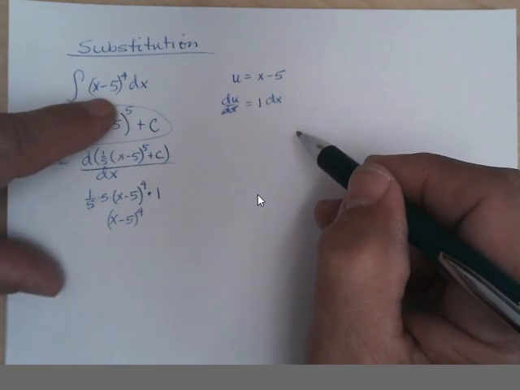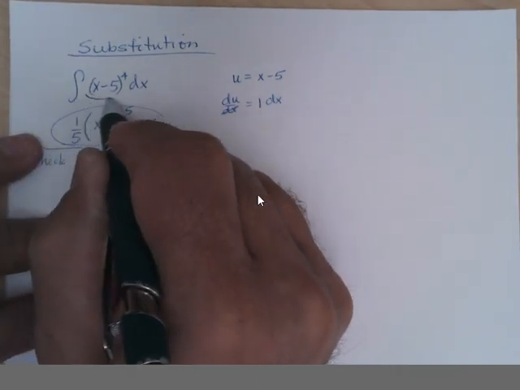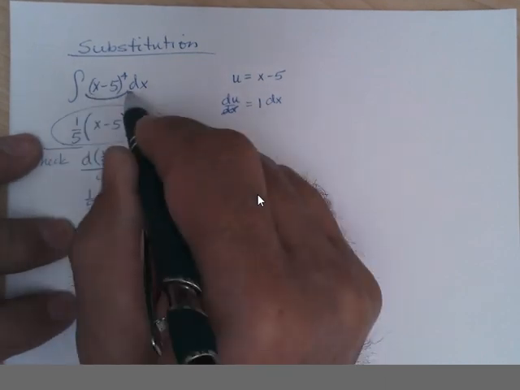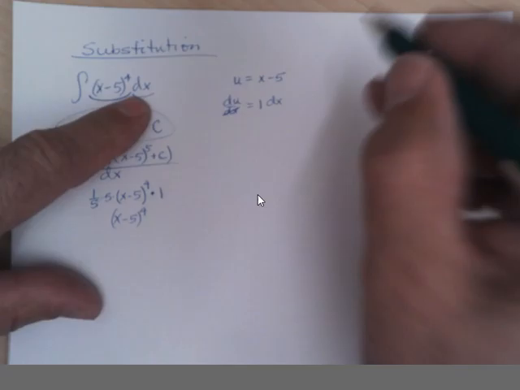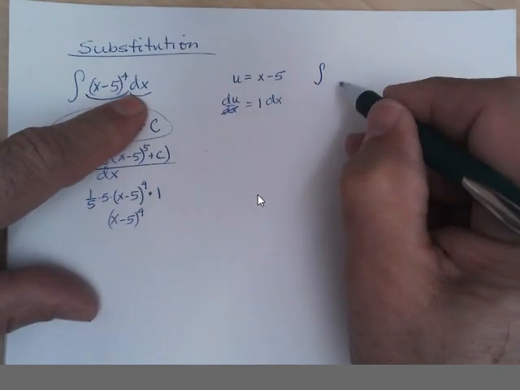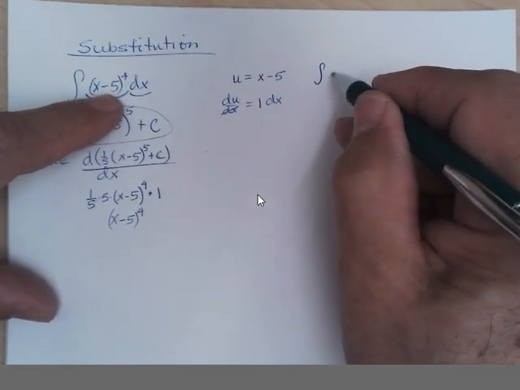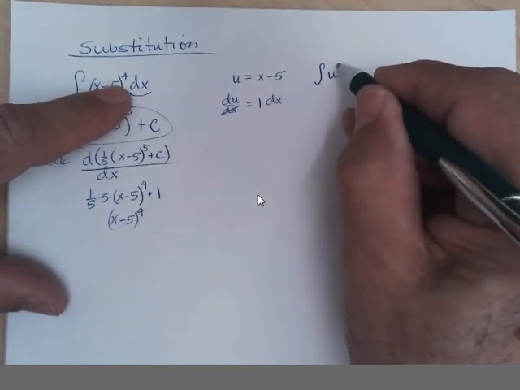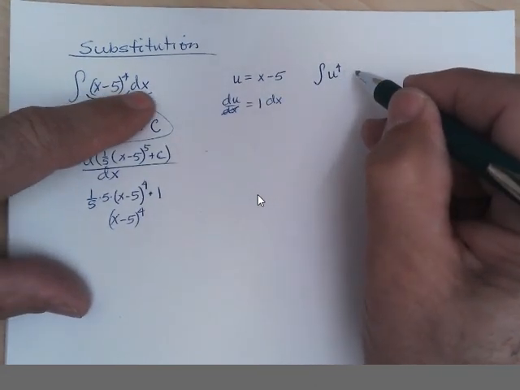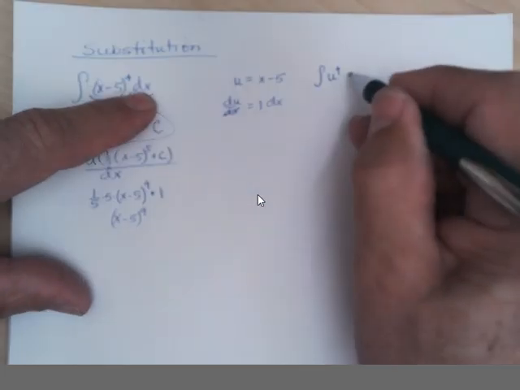So if I want to do a substitution, I need to make a substitution for this whole thing and for that piece. And now I have the things to do that. So I'm doing the antiderivative, the integral, the area under this curve, of x minus 5, which I called u, to the fourth, and dx is 1 dx is du, so they're the same.